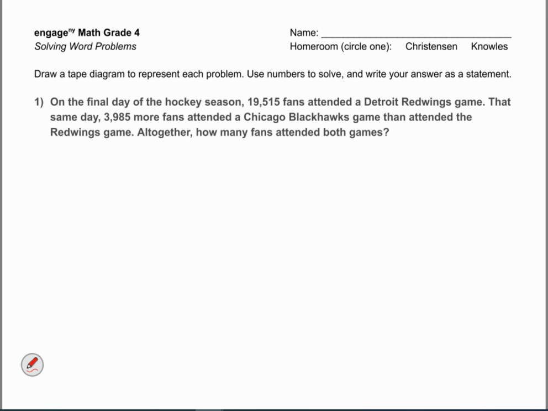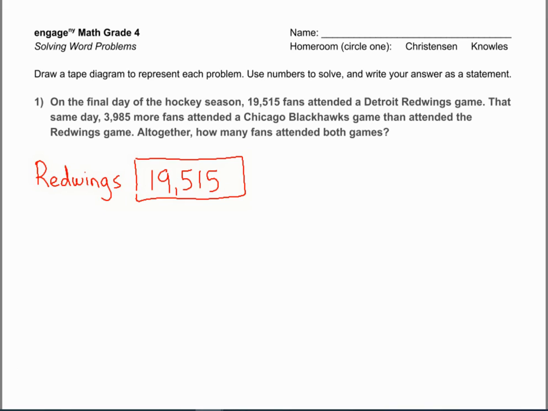Okay, let's start with the Red Wings. What do we know about the Red Wings? Well, they had a game, and 19,515 fans attended it. All right.